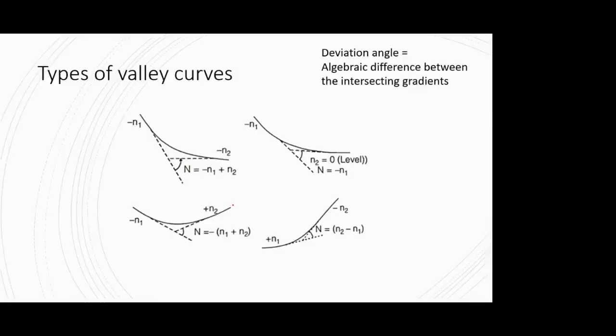And if we go into the types of valley curve, as we had seen the types of summit curve, so again, depending on which gradients are intersecting each other, we'll have different types of valley curve. So I told you the basic one, whose figure you had seen in the previous slide, that you have a down gradient of suppose value minus n1 followed by an up gradient of value plus n2.